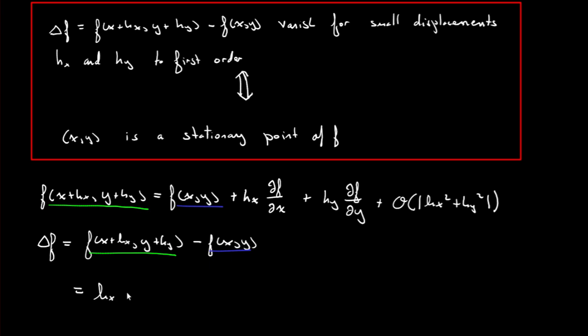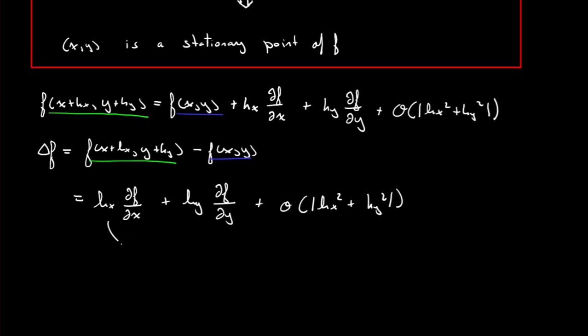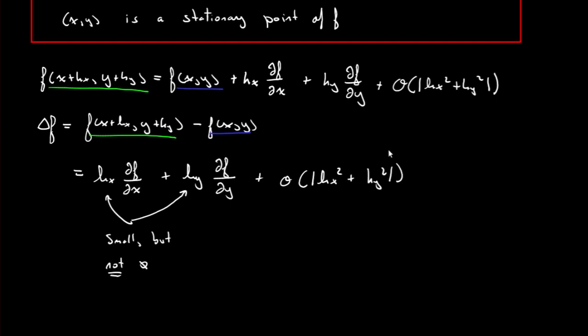So we have hx times the partial derivative of f with respect to x, plus hy times the partial derivative of f with respect to y, and our higher order terms, big O of the modulus of hx squared plus hy squared. And again, these displacements are small, but critically not zero. Absolutely not zero. They are finite, but as small as we'd like them to be. We treat the higher order terms as negligible, as if they were zero.